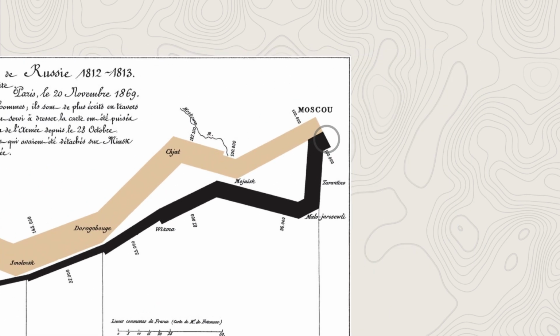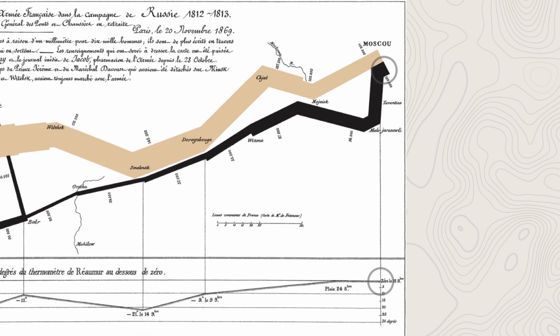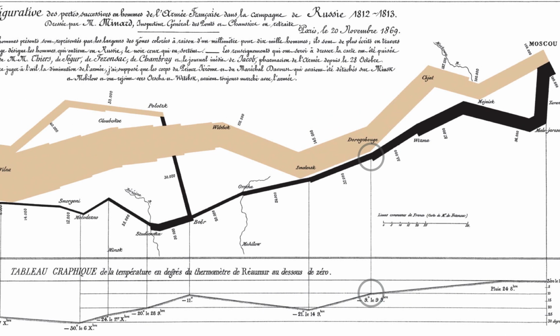But let's look back at Moscow. During the retreat, this graphic doesn't just show the geographic layout, but also down here below shows both the geographic relationship of things, which is the bars over on a map, but then along the bottom is the temperature of the retreat. And you can see whenever there are huge dips in temperature, there are huge drops in the size of the army.